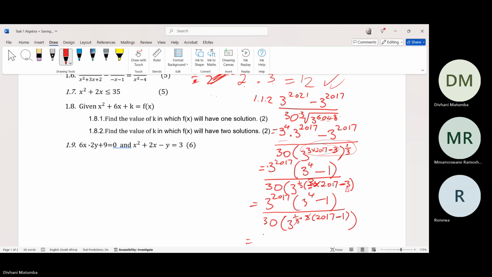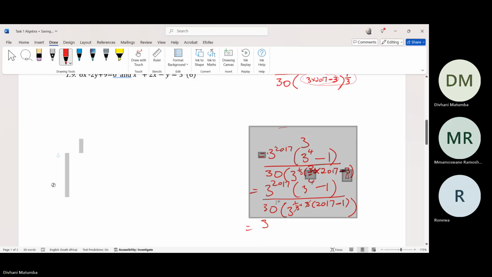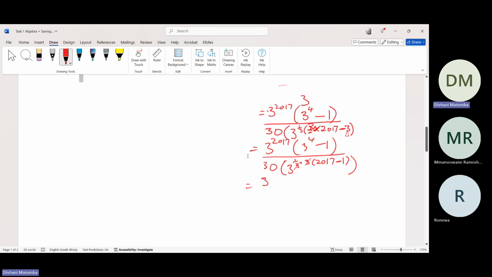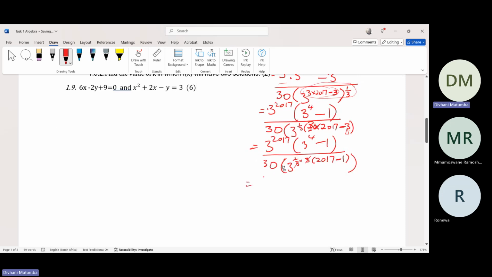Then we'll be left with 3 to the power of 2017 times 3 to the power of 4 minus 1, all over 30 times 3 to the power of 2017 minus 1. I think you will agree with me.